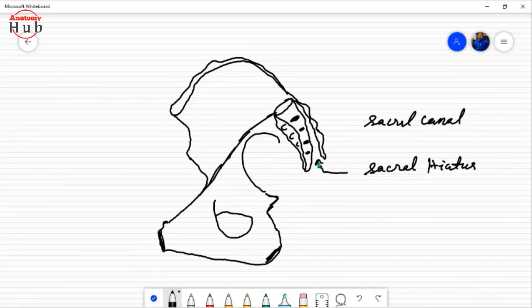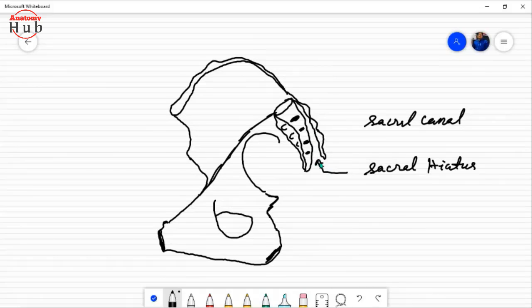So the sacral hiatus is clinically important to draw the CSF fluid from your spinal cord, right? Here you'll find that there are no such important nerves coming from the spinal cord.